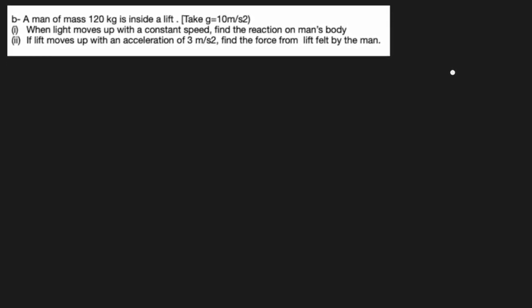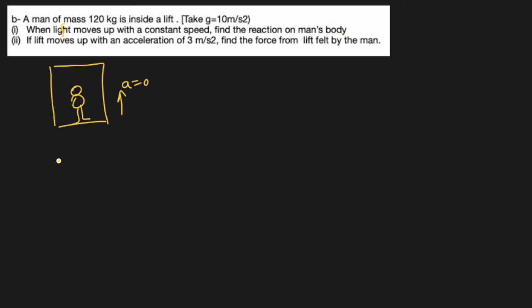Alright. A man of mass 120 kg is inside a lift. Okay, so this is the lift and this is the man. Take g equal to 10 meters per second square. When lift moves up with a constant speed, so no acceleration, find the reaction on man's body.